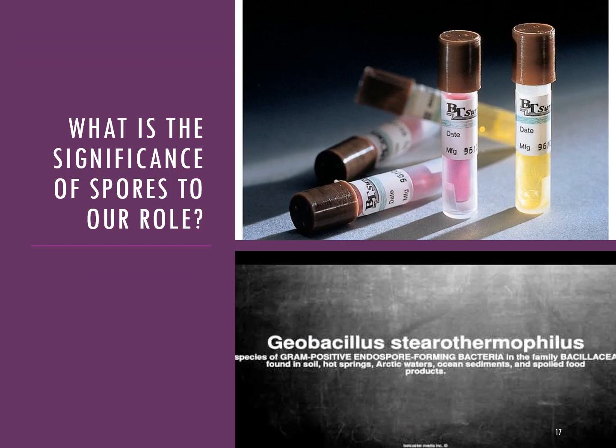We have briefly spoken about the significance of spores and their role, and here you can see a picture of this biological indicator. There are different types of spores that we use for different types of sterilization methods. This one here, Geobacillus stearothermophilus, is used for steam sterilization. Geobacillus stearothermophilus forms a spore. They're also thermophilic, which means they love the heat, which means not only are they more difficult to kill because they form a spore, they're more difficult to kill because they love heat.